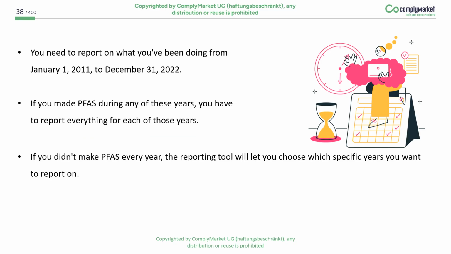I said the time period is between January 1st, 2011 and December 31, 2022, and you have to consider this period. It is a kind of a project where you need to do reporting within this time, and that's different from PFAS regulations in Maine, for example, or Minnesota, and so on. You have to consider the difference, and even if you cover this rule, it doesn't mean that you don't have to cover other requirements like in Maine or Minnesota. That's something else you have to consider as well.